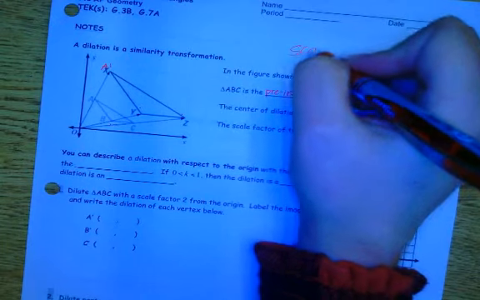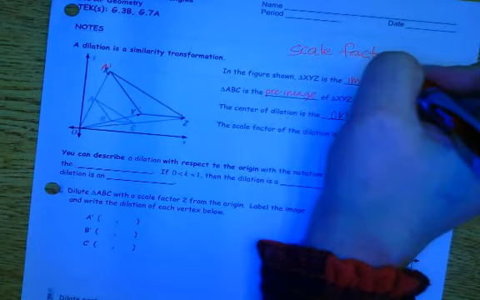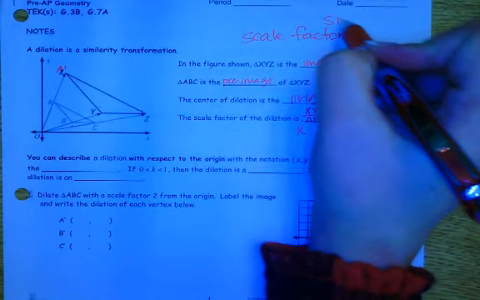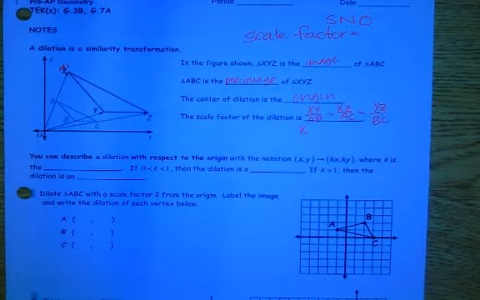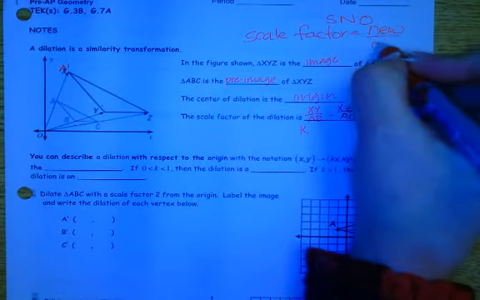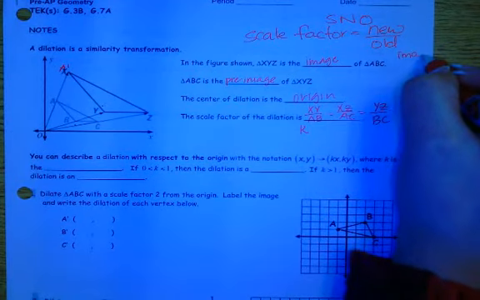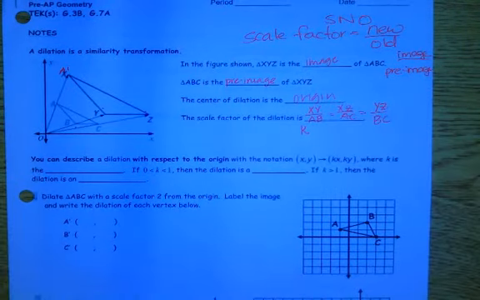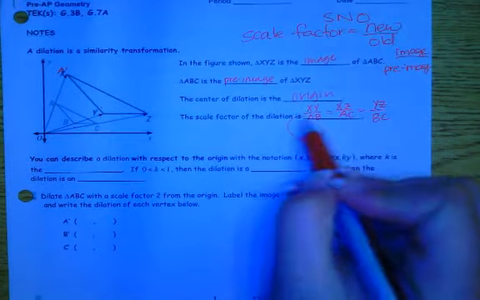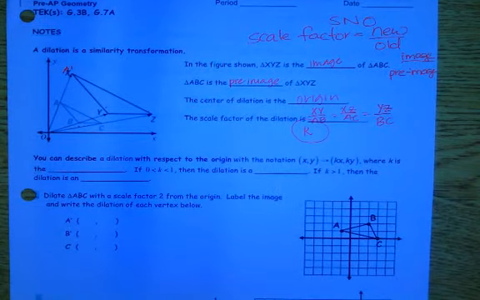So remember, scale factor equals what? New over old, or your image over your pre-image. Okay, that is how you get the scale factor. You take your image over your pre-image, or your new over your old, and that is how you get scale factor. Okay, and most commonly, scale factor is referred to as the variable K.